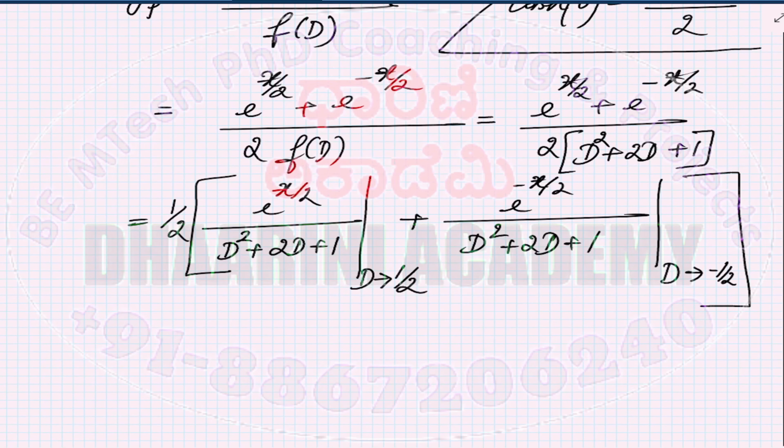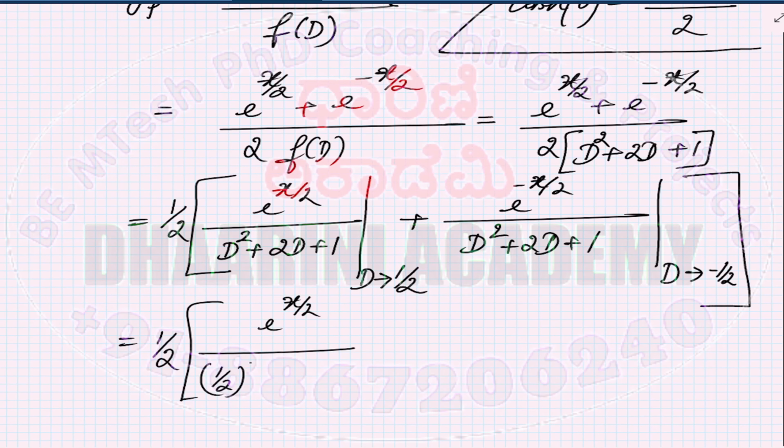So now let us substitute this further. So this is equal to half, I'll keep it outside. Numerator is e to the x by 2. The denominator is half square plus 2 into half plus 1, because I'm substituting d as plus half.